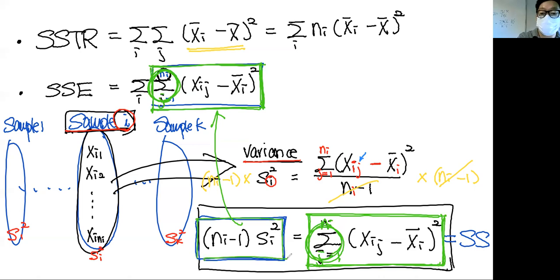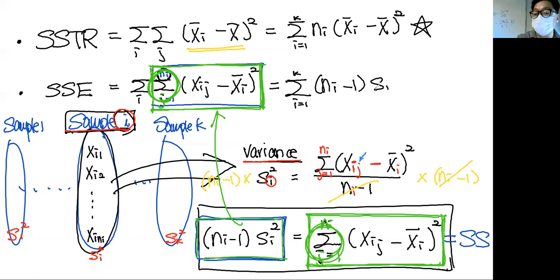What I mean is, now I can modify it like this. It will be the single summation over i, from 1 to k, of ni minus 1 times si squared.